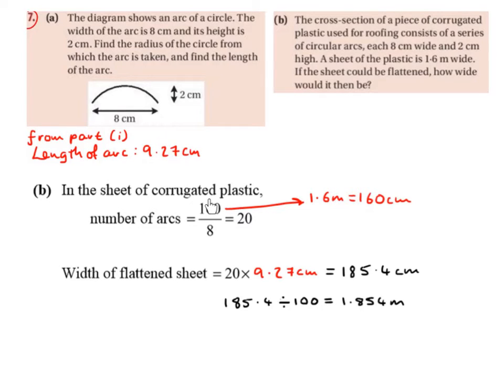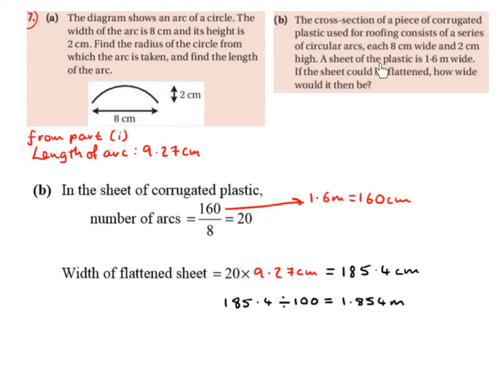So it's going to be 20 arcs. The width of the flattened sheet will be 20, because there's 20 arcs, times 9.27 centimeters, the length of one of the arcs, which is 185.4 centimeters. And to change it back into meters, 185.4 divided by 100 is 1.854 meters.